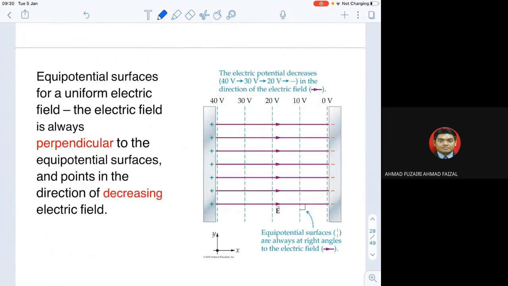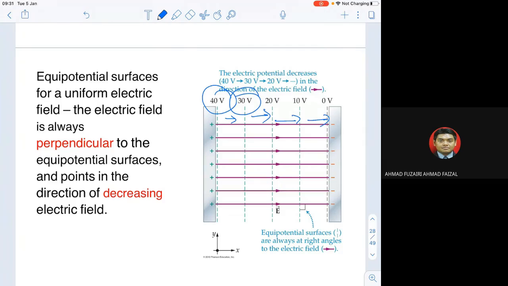But we want to emphasize that on this part there are differences in the potential. The one closest to the positive charge has 40 volts. Then after you move away, it reduces to 30 volts, and afterwards becomes 20, 10, and lastly it becomes 0.